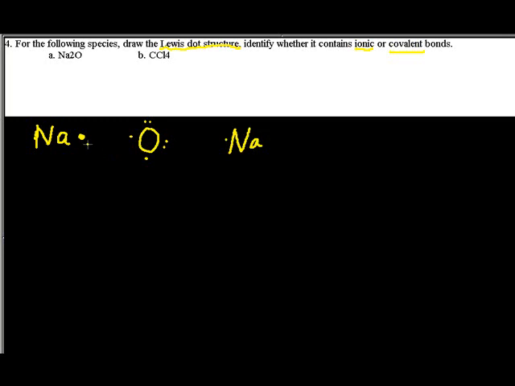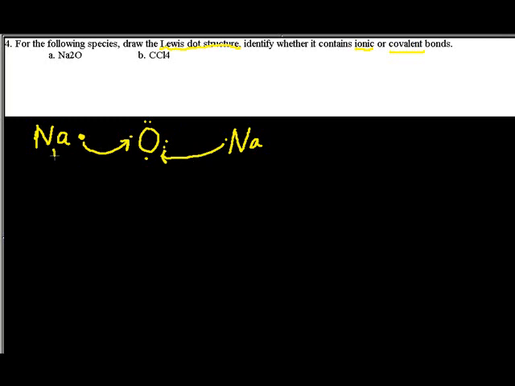Now, what's going to happen is, if you look on your electronegativity chart, the difference in electronegativity between sodium and oxygen is greater than 2. Therefore, this electron is going to be completely given over to the oxygen, and this electron is going to be given over to this oxygen also.